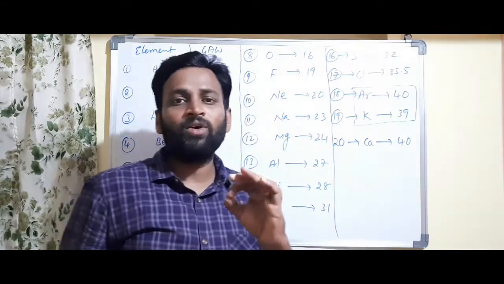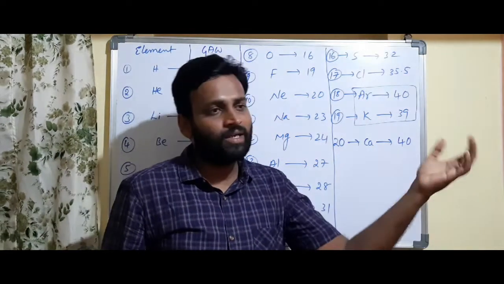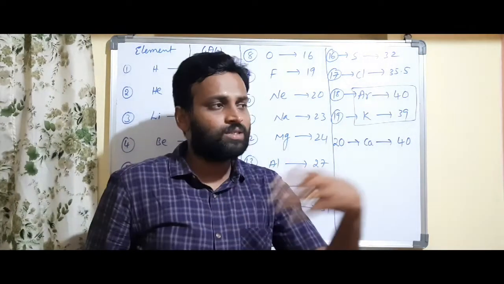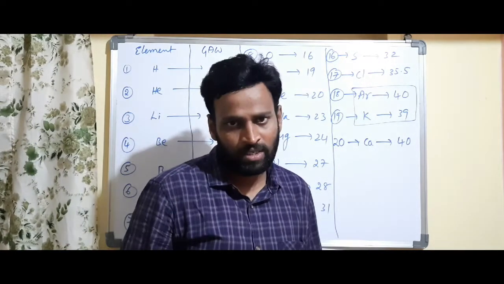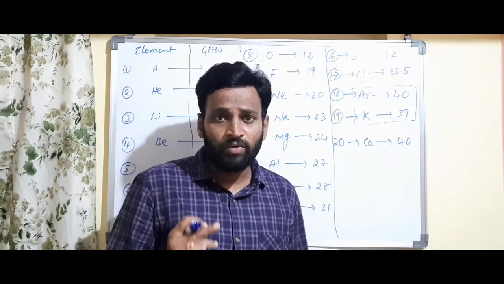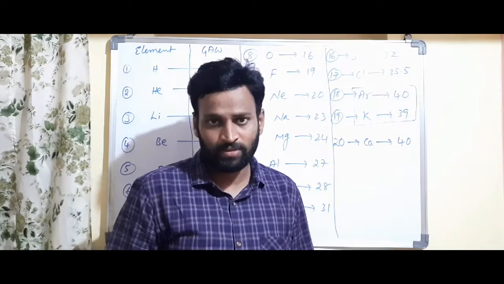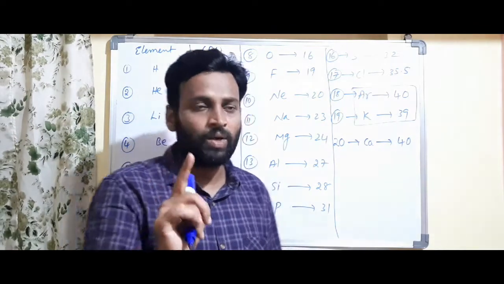But in the exam, what the atomic weight is and what one AMU value is, you have to understand all those things. But I am repeating, what values we will use for solving numericals are gram atomic weights and gram molecular weights. You have to keep those in your mind.